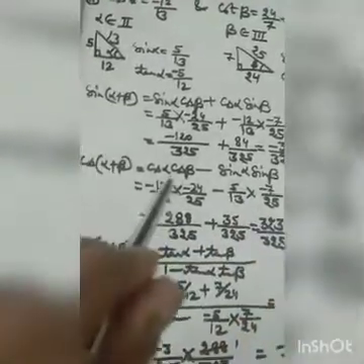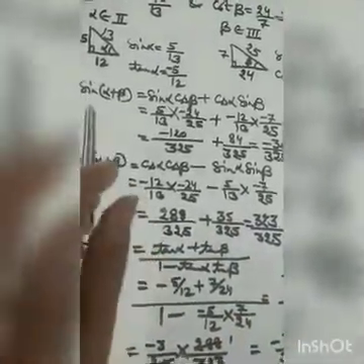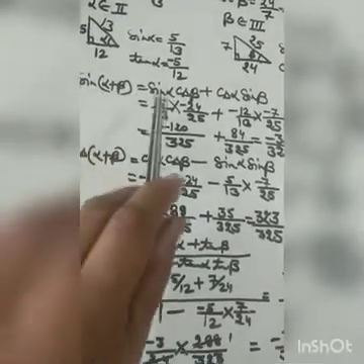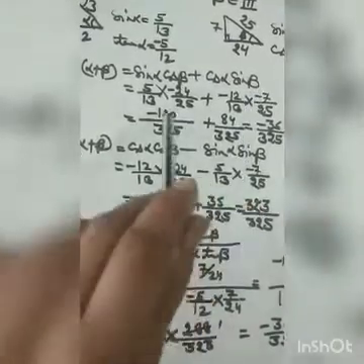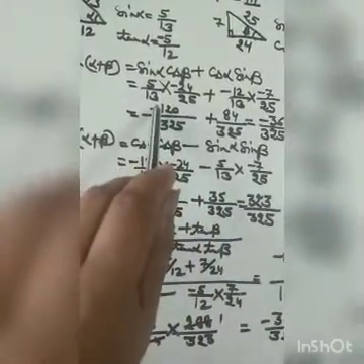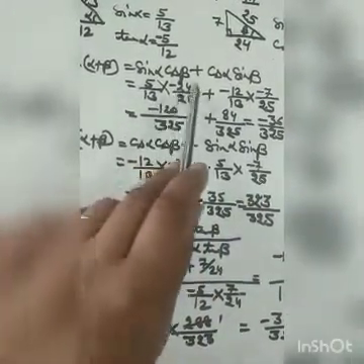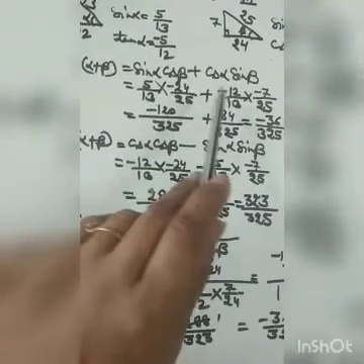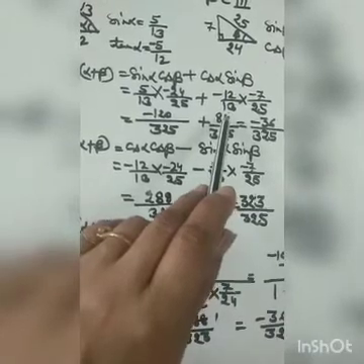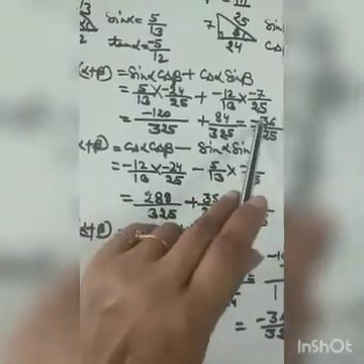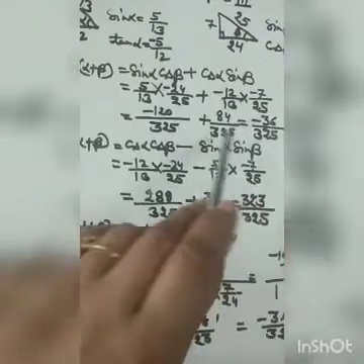Now we will write down the sin(alpha plus beta) formula: sin alpha cos beta plus cos alpha sin beta. Substitute the values. Sin alpha is 5 by 13. Cos beta is minus 24 by 25. Cos alpha is minus 12 by 13 and sin beta is minus 7 by 25.